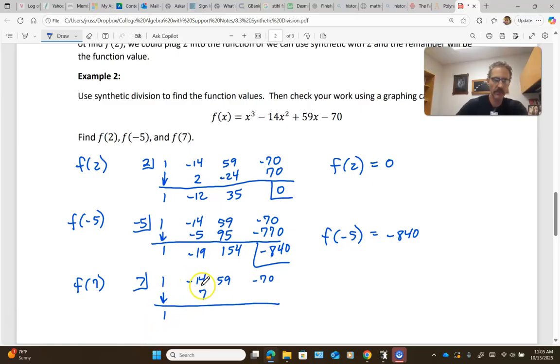Negative 14 plus 7 is negative 7. 7 times negative 7 is negative 49. 59 plus negative 49 is 10. 7 times 10 is 70. And we get 0 again.